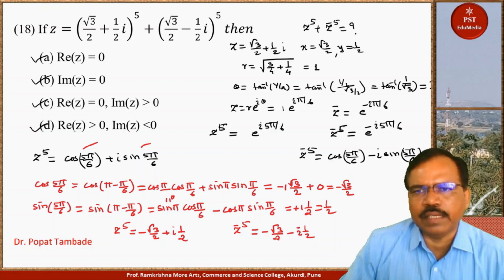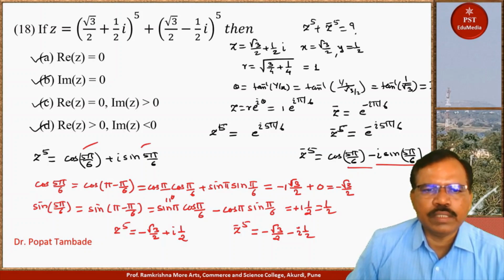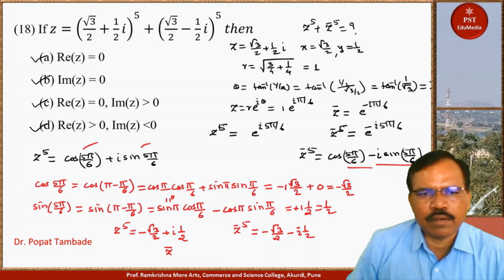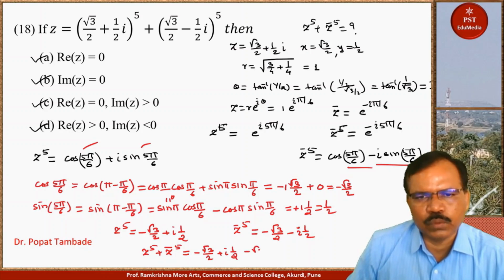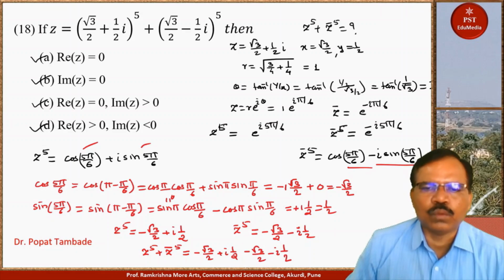So z raised to 5 plus z bar raised to 5 is equal to minus root 3 by 2 plus i into 1 half, minus root 3 by 2 minus i into 1 half.